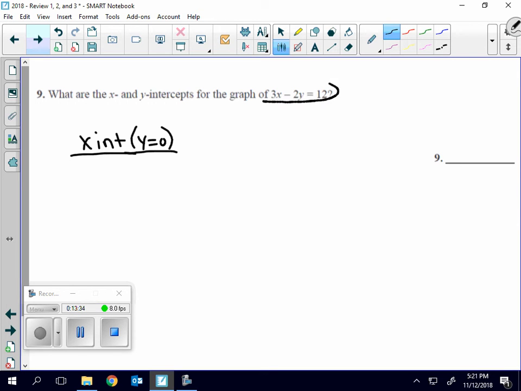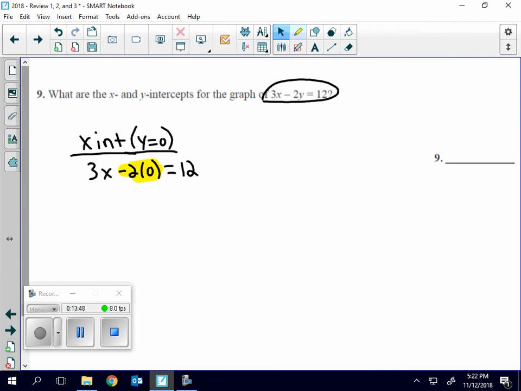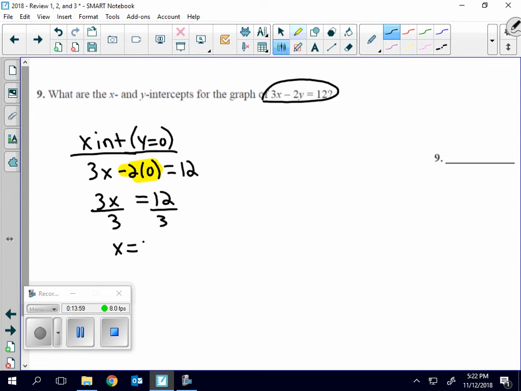I'm just rewriting this up here with a 0 in for y. 3x minus 2 times 0 will equal 12. Now this piece will go away because anything times 0 is 0. So this is 3x will equal 12. And when we divide by 3, we'll find that x equals 4.